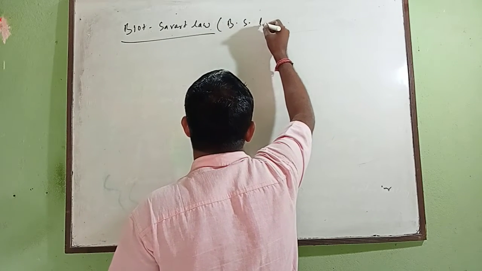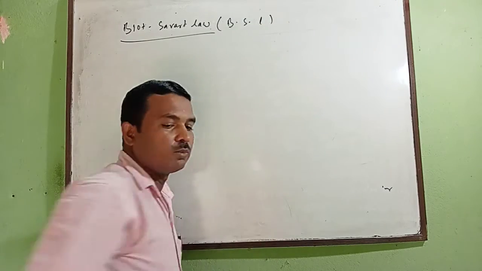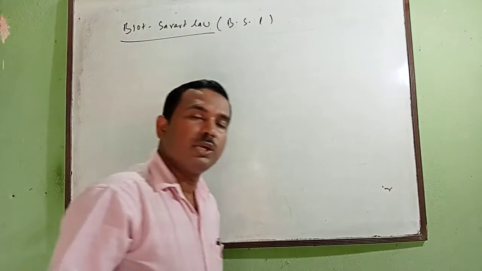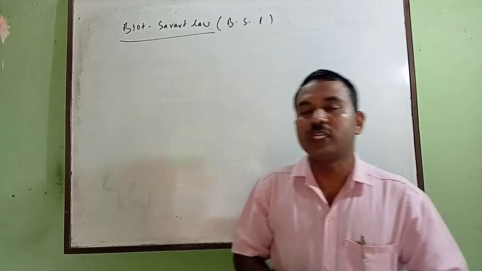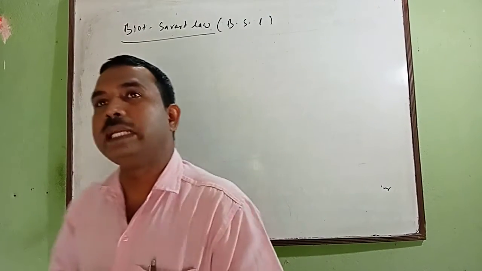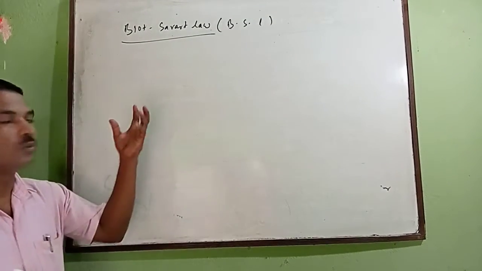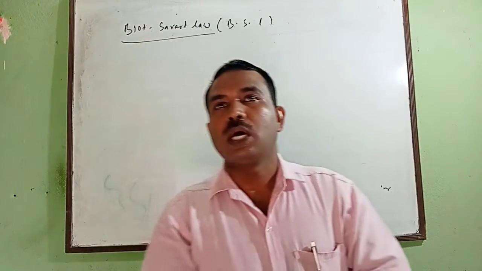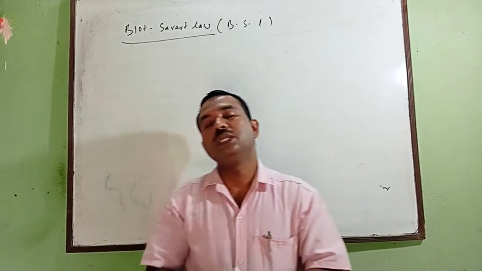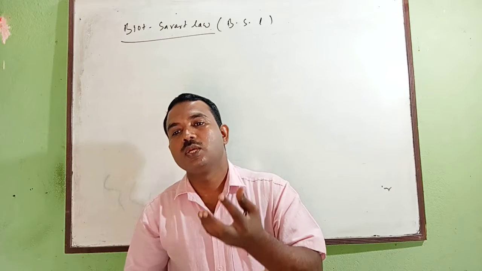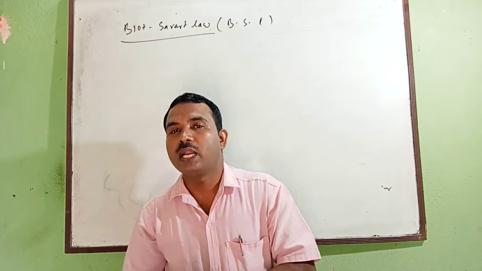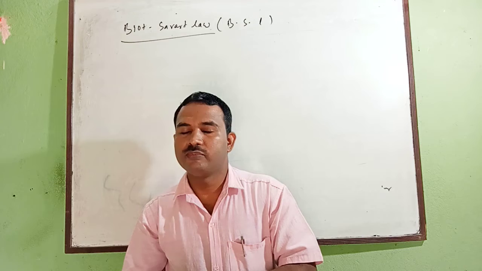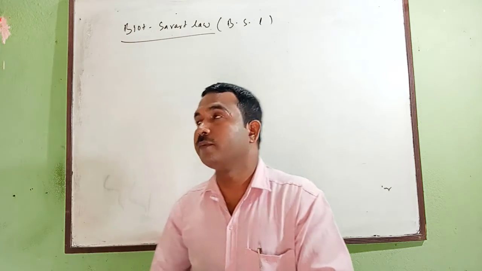Biot and Savart are two scientists, and they developed this. This is the basic law which can be used to find the electric or magnetic field. Is it clear? Okay, very good.